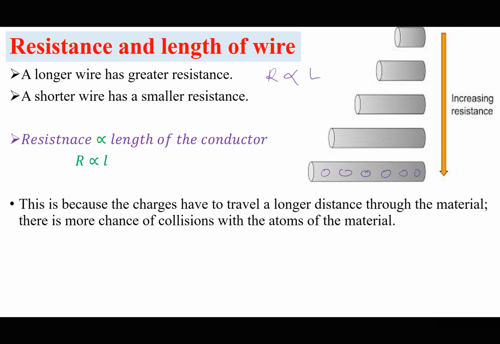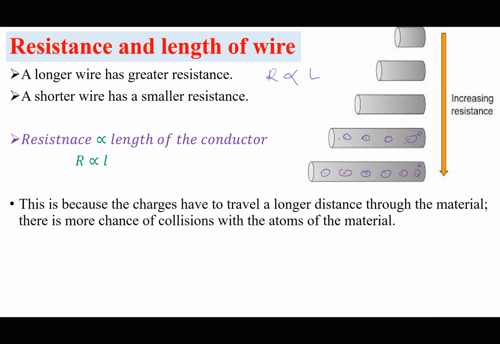If a similar cross-sectional area has an equal separation of atoms, an electron here has higher chances of colliding with these atoms compared to an electron in this one here, because there are fewer vibrating atoms compared to a longer material.